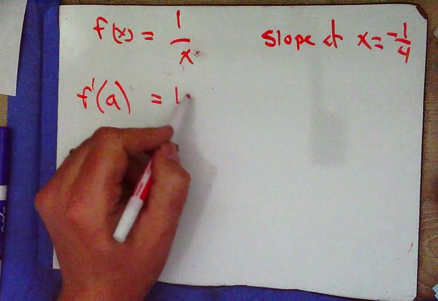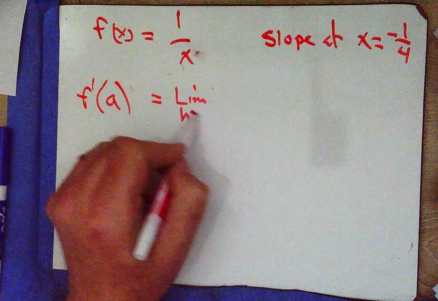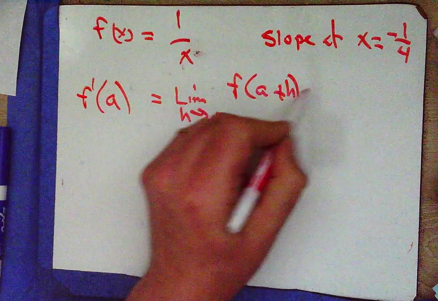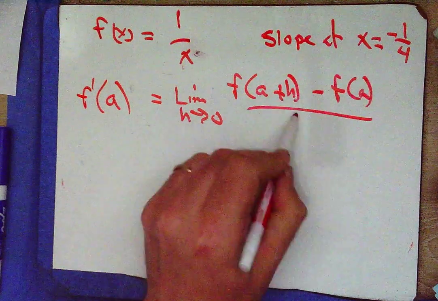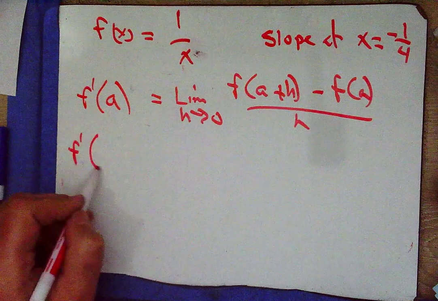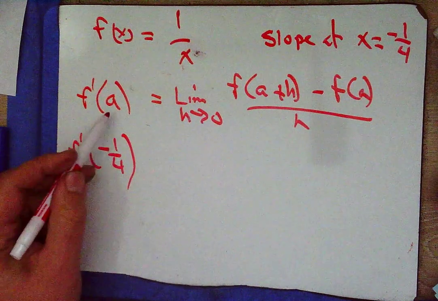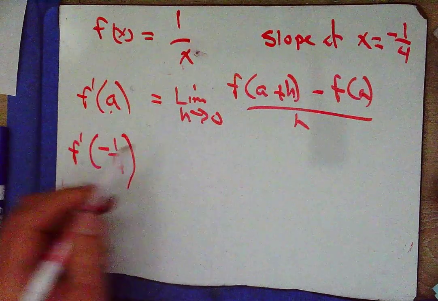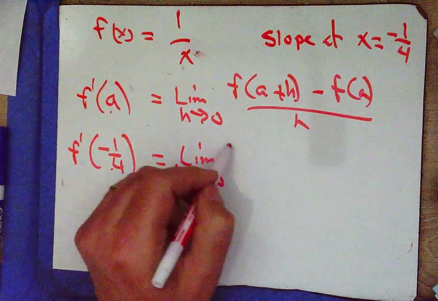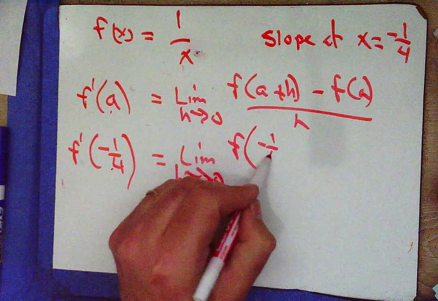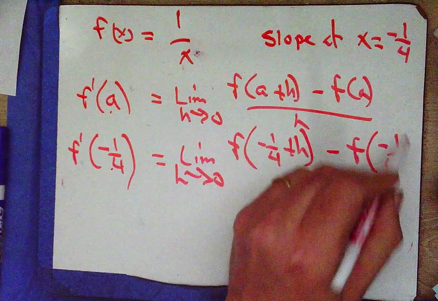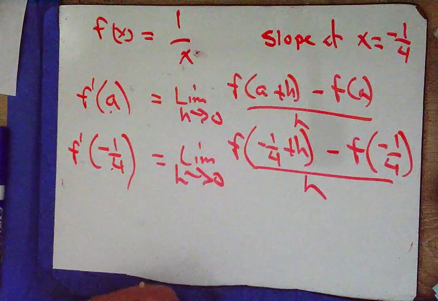And why don't we use the limit as h approaches 0 of f of a plus h minus f of a all over h. Okay, so for us, we want f prime of negative 1/4, so I have to replace all the a's with negative 1/4. So that's going to be the limit as h heads to 0 of f of negative 1/4 plus h minus f of negative 1/4 all over h.